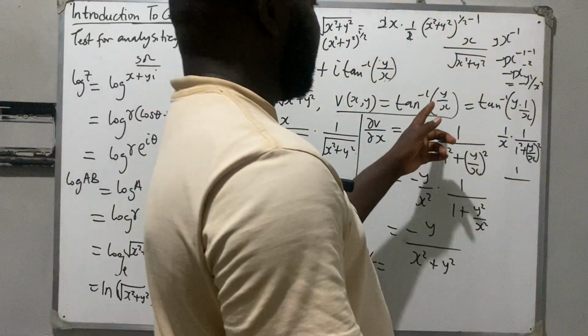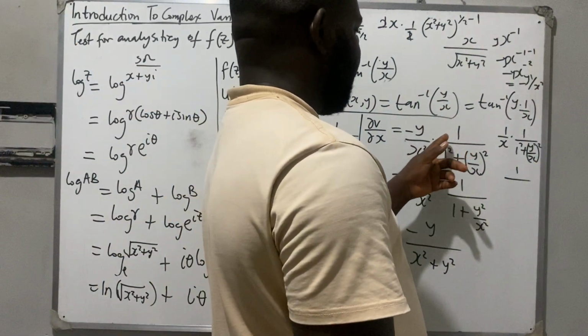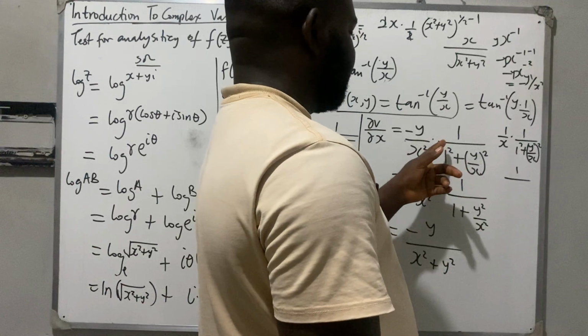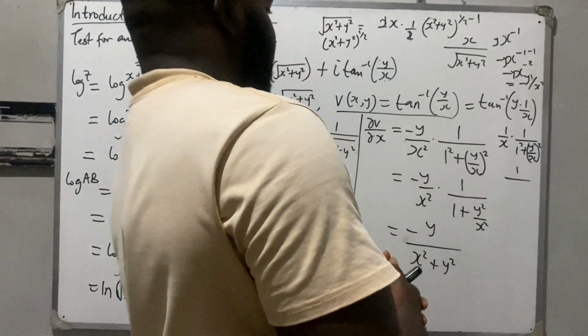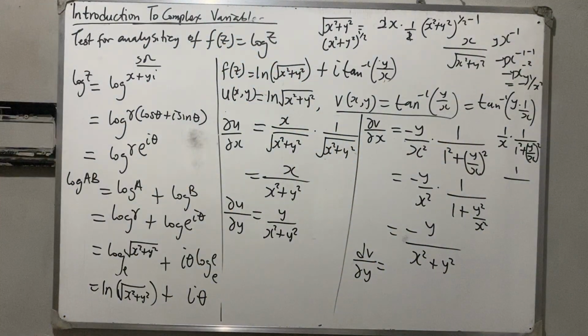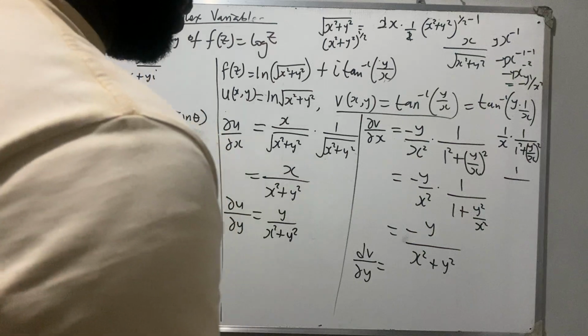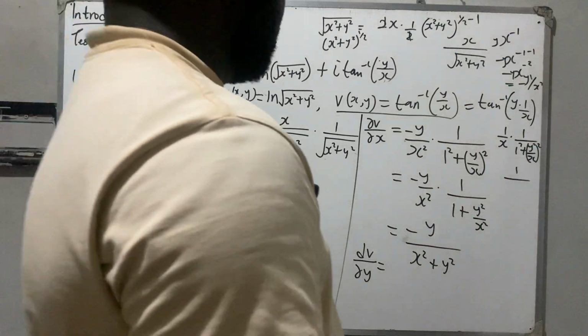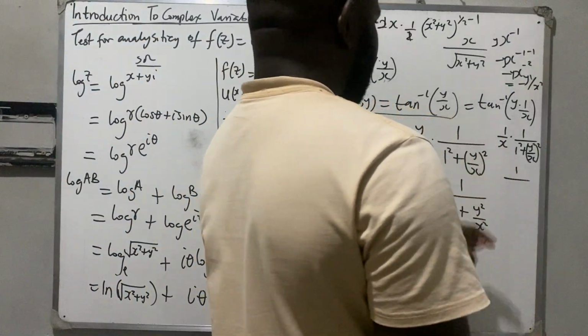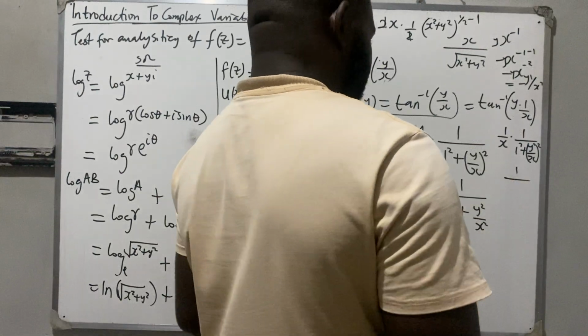Okay, this is 1 over x. Let's check where the error is coming from. Is it 1 over x? Yeah, 1 over x. Which one am I differentiating? y. The inside is y over x.